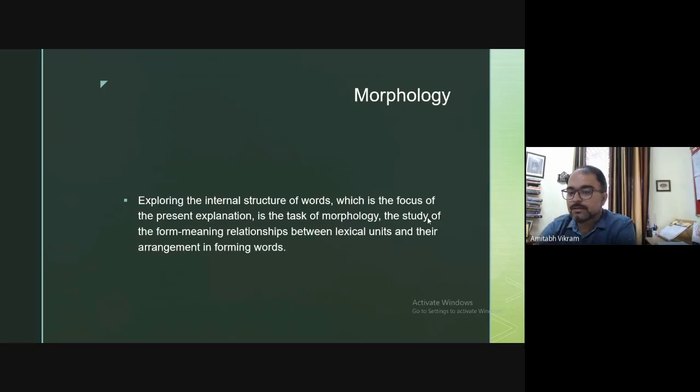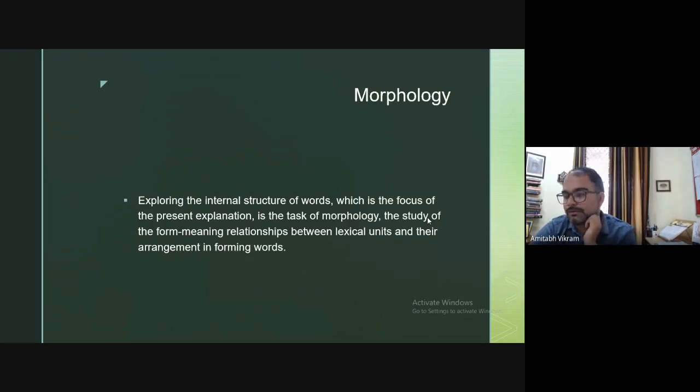What you are looking at now on the screen are the words, and we are not looking at the internal structure of words. They are the final representation of that word. But when we look at the internal structure of words, then it is the study of morphology, which is the focus of the present explanation.